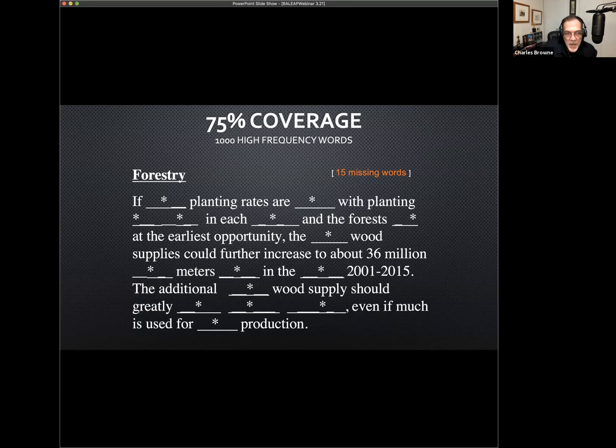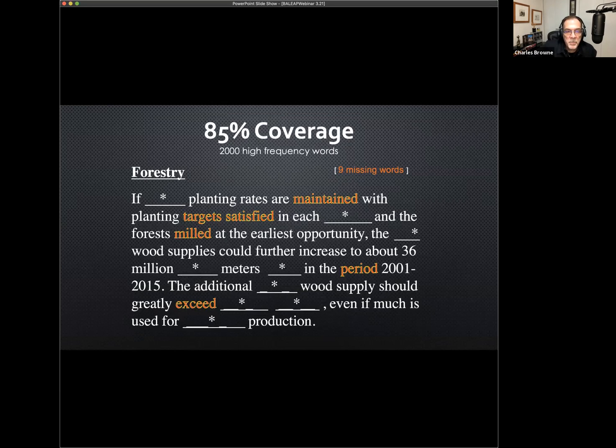But let's look at what happens if you go to 2,000 words. Instead of a vocabulary size of 1,000, this is what it would look like. If you double that, which is getting close to what Japanese college students know, instead of 15 missing words, now there's only 9 missing words. You're getting about 85% coverage instead of 75% coverage. So it should be easier to read.